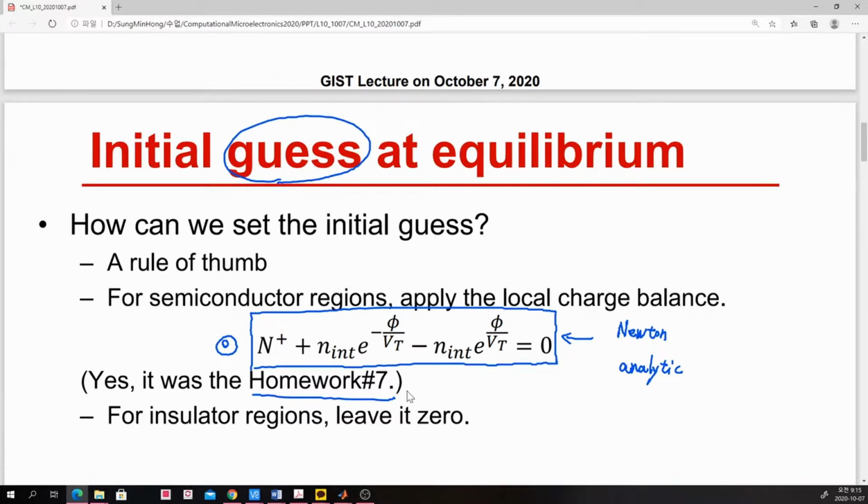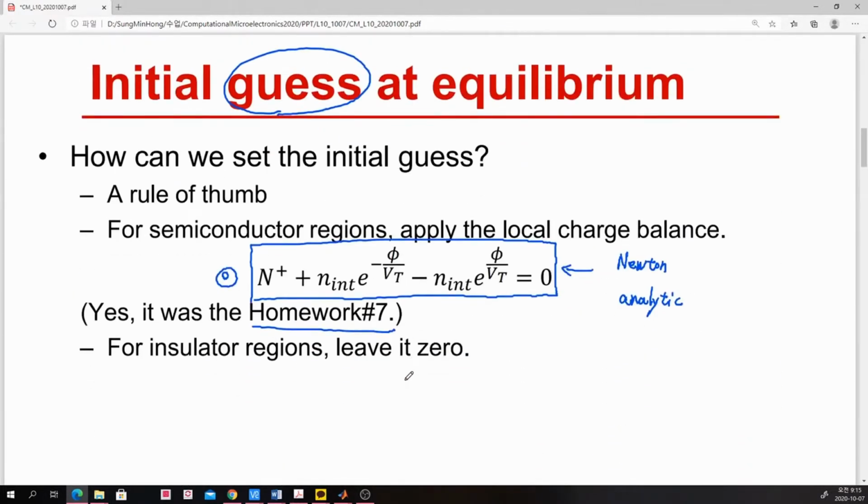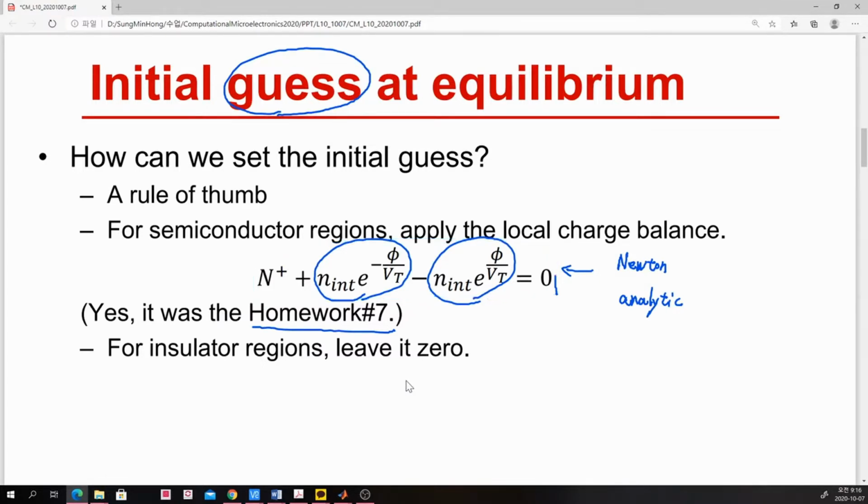This nonlinear Poisson equation, with the expressions of hole density and electron density, is known to be most robust in our lecture course. So I mean that this nonlinear Poisson equation is anyhow a well behaving equation. So you can get the solution.